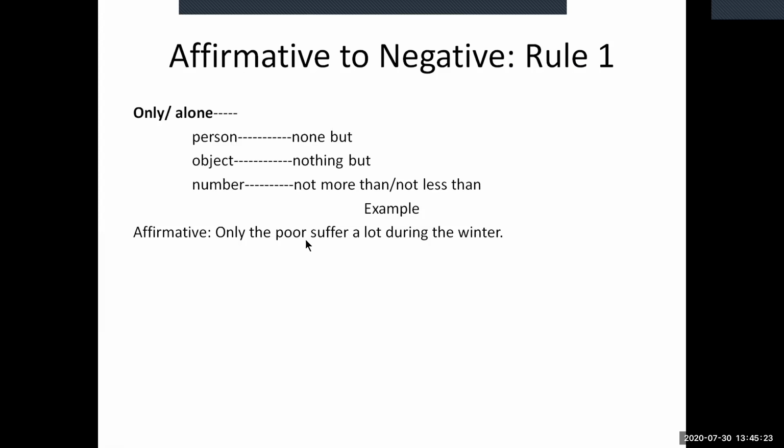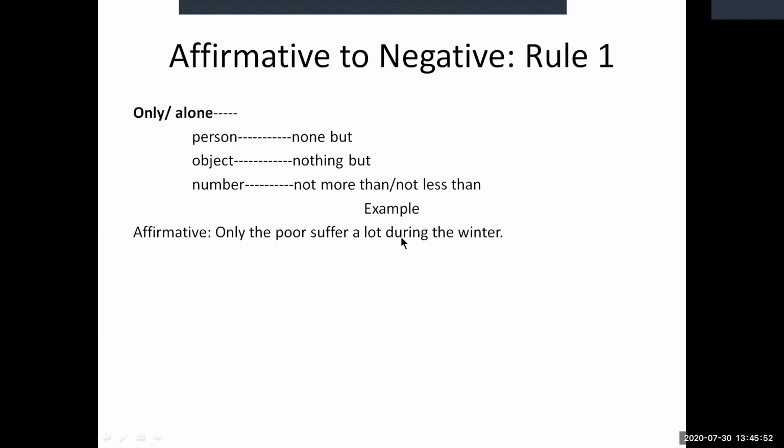So from right from birth, you learn this rule as the plus adjective equal to plural noun indicating all the people upon the earth throughout the world. So here only the poor indicates only those people who are poor throughout the world, not in a particular or specific geographic location, and suffer a lot during the winter.